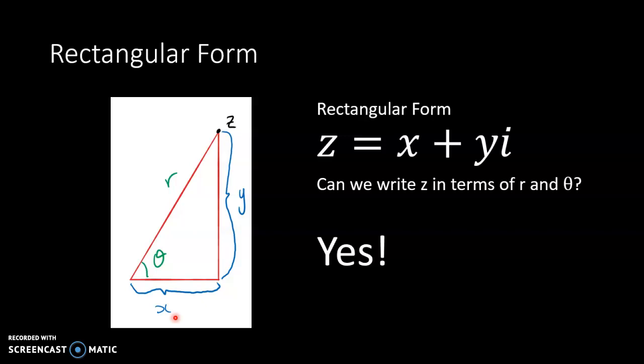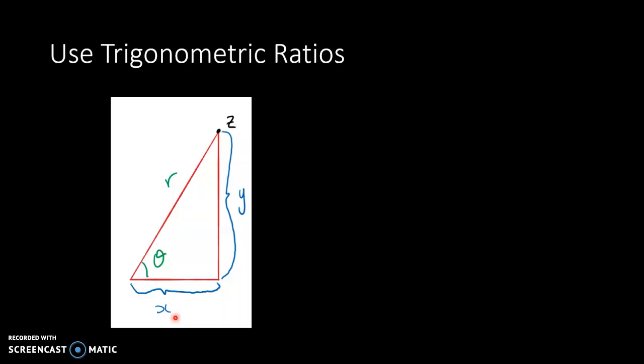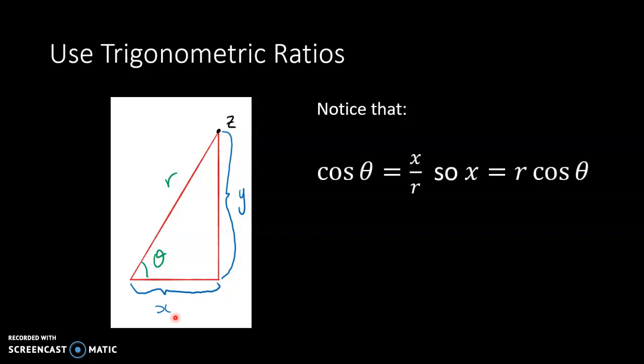So how? Well, we look at our triangle. Do you notice that there's a triangle? Sorry, I forgot to write the right angle symbol, but it is a triangle. If I use trigonometric ratios, I can form these really easily. Cosine theta is the adjacent over the hypotenuse, so cosine theta is equal to x over r.